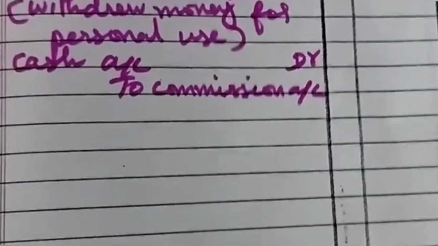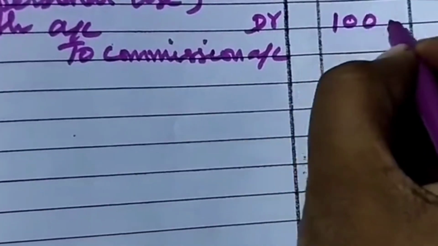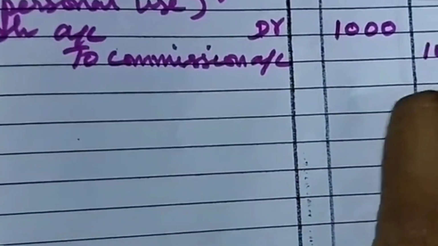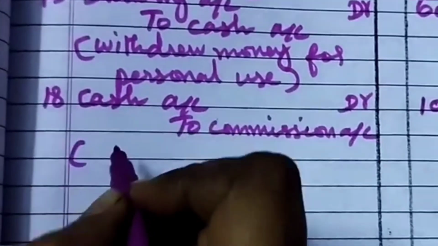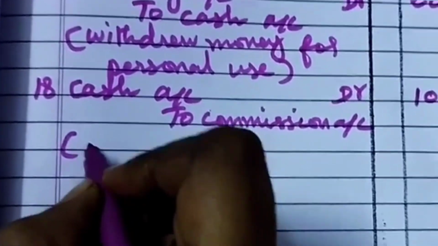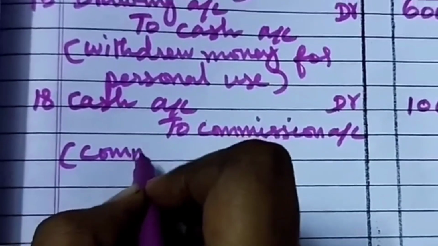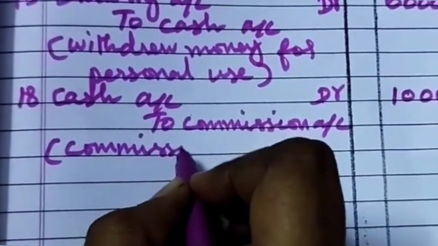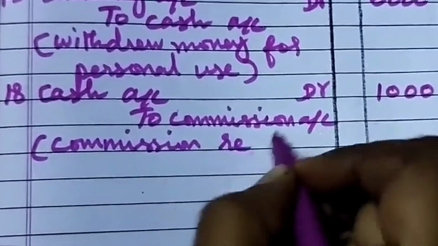Then what is the amount? 1,000. So under debit column 1,000. Under credit column also 1,000. Then narration we have to write. What is the narration? Commission received. That's enough. Commission received.